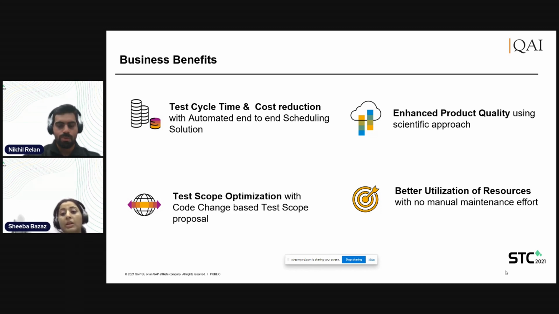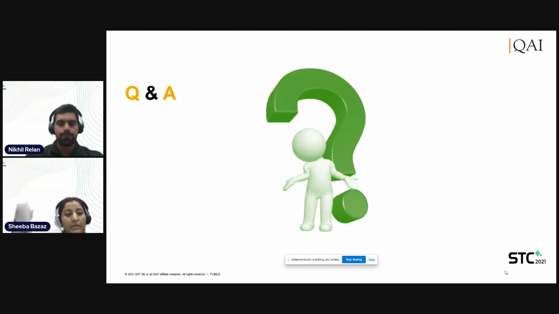We get this done completely automatically, and we are able to utilize those resources for other innovative tasks. So with this we were able to plug all the challenges we were facing while deploying EPs and trying to ensure business continuity with minimal regression efforts. I think that's all from our side, and now we can move to Q&A.